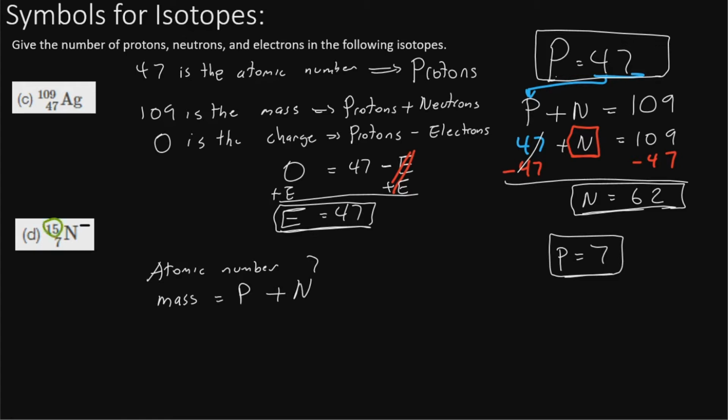We are given a mass of 15, so we'll put that in the position where mass is. The protons are 7. We'll put that in the position for P. And the neutrons we don't know. To solve this, we subtract 7 from both sides. This will give us that our neutrons are equal to 15 minus 7. That's 8.